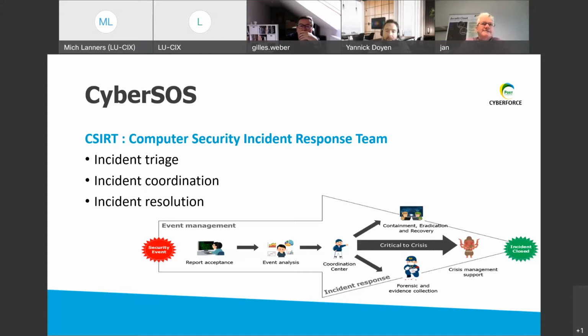The third task is the incident resolution, and based on the incident type, a set of resolution actions could be applied, like collecting evidence before resolution operations, eradicating the threat from the affected systems, assistance in recovering systems and networks, and so on and so on.